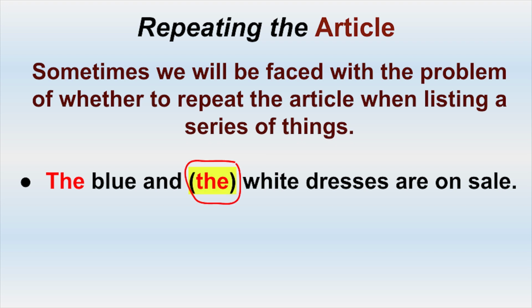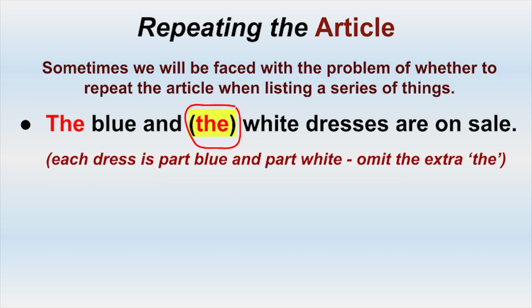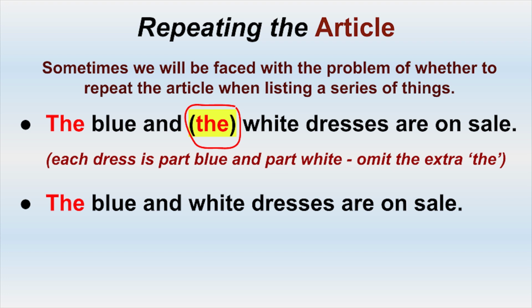Should the extra the be used in this sentence? Well, it depends on what meaning is intended. If each dress is part blue and part white, then we omit the extra the. We say, the blue and white dresses are on sale.